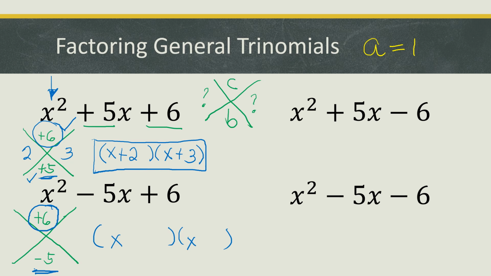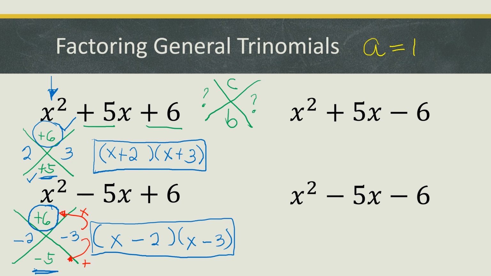In this case, that is negative 2 and negative 3. Negative 2 times negative 3, we will get positive 6 by multiplying. Negative 2 plus negative 3, we will get negative 5 by adding. So therefore, we have now minus 2 and minus 3. So x minus 2 and x minus 3, I mean. And these are the factors of our second example.